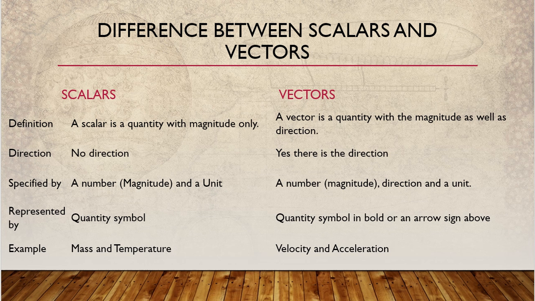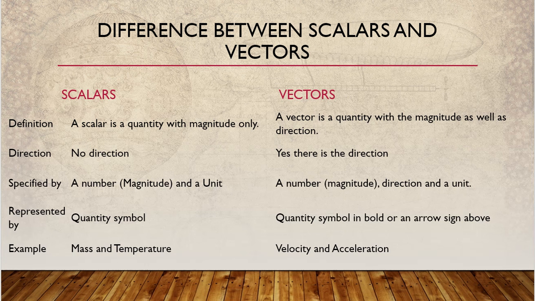The second difference is the direction. If there is no direction, then it is called a scalar. If there is a particular direction, then it is a vector quantity. The third difference is that a scalar is specified by a number, which means a magnitude as well as a unit.